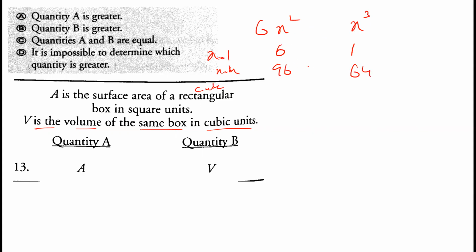Again, quantity A is greater than quantity B. But let's suppose we have 10. So 10 cube would be 1000, and 10 square into 6 would be 600. Now quantity B is greater than quantity A. So we cannot tell whether quantity A is more, quantity B is more, or they are equal. So we can't determine, and option D is correct.